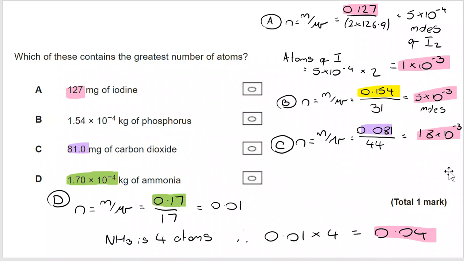Now with the CO2, you would need to multiply the 1.8 × 10⁻³ by 3, because there's 1 carbon and 2 oxygens. Phosphorus, arguably, based on your knowledge of the melting point trend, you could multiply 5 × 10⁻³ by 4 for the P4 molecule. That would be immaterial because it's still lower than the value we have for ammonia. The correct answer is D.